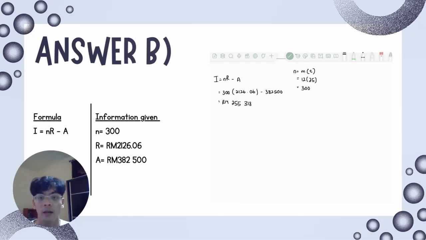We will get the amount of I, 255,318 ringgit Malaysia. So this is the interest charge on Iqbal for the loan.